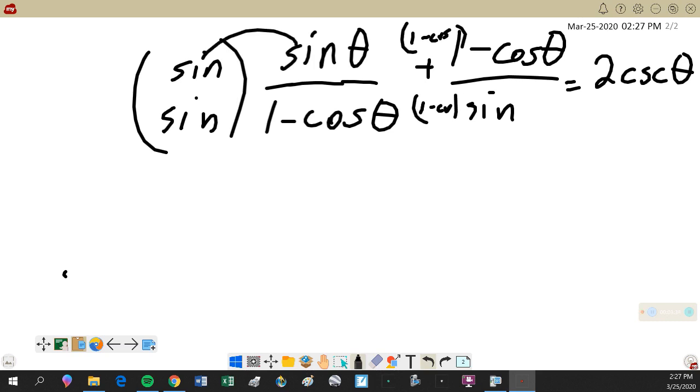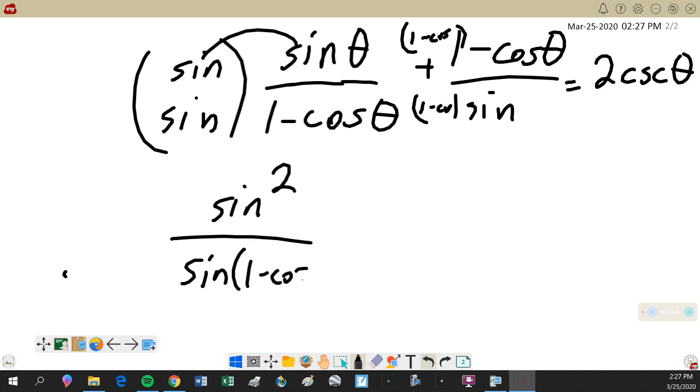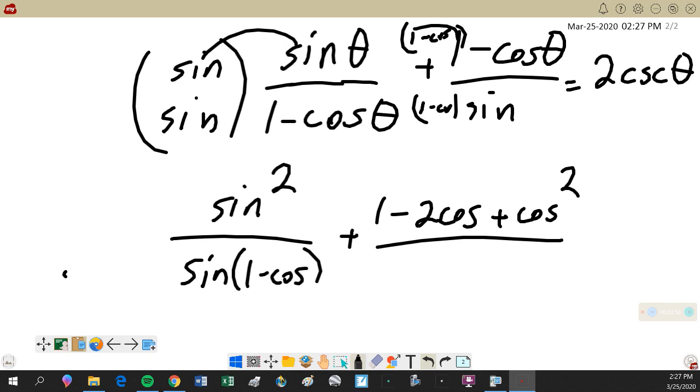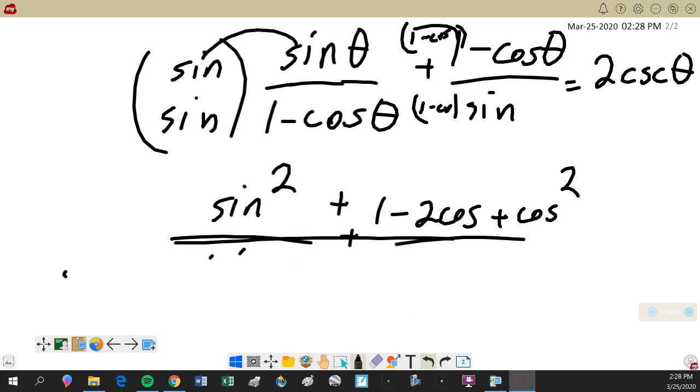So that gives me sine squared over sine times 1 minus cosine plus 1 minus 2 cosine plus cosine squared over sine times 1 minus cosine. So now I can put all of that over sine times 1 minus cosine.